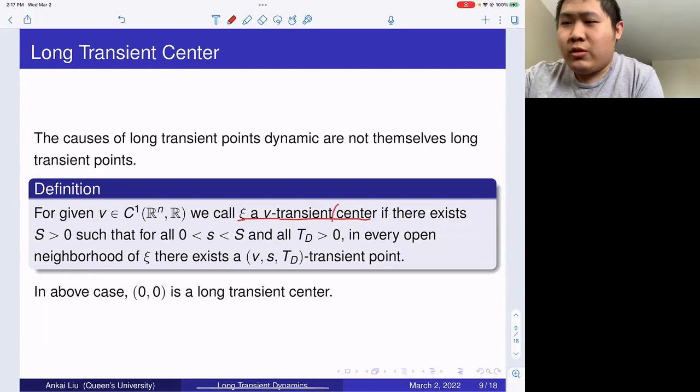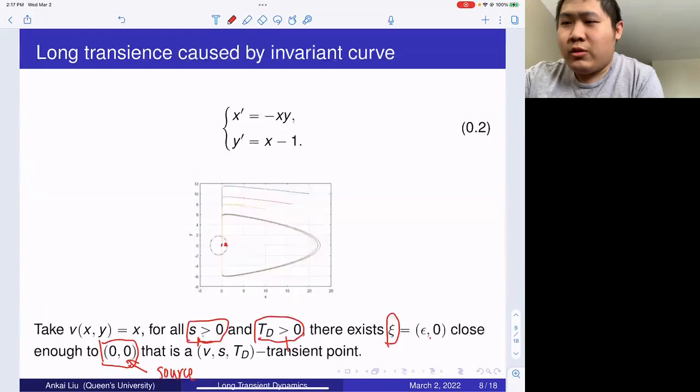The reason we pick the term center is, if you look at this example right there, for any S and any TD, you can always find a psi. As long as you stay close enough to 0, 0, it's always a transient point.